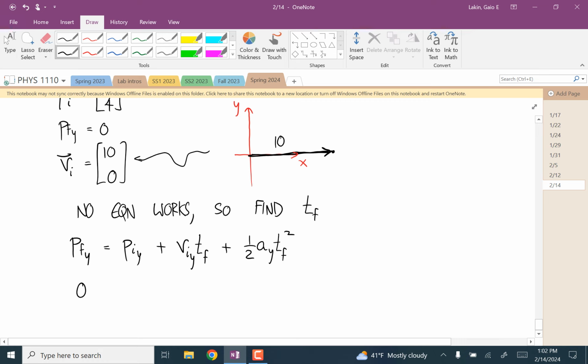So this says 0 is equal to 4 plus 0 times time final, which is 0, plus 1/2 times negative 9.81 times tf squared. So this is minus 4.905 tf squared.